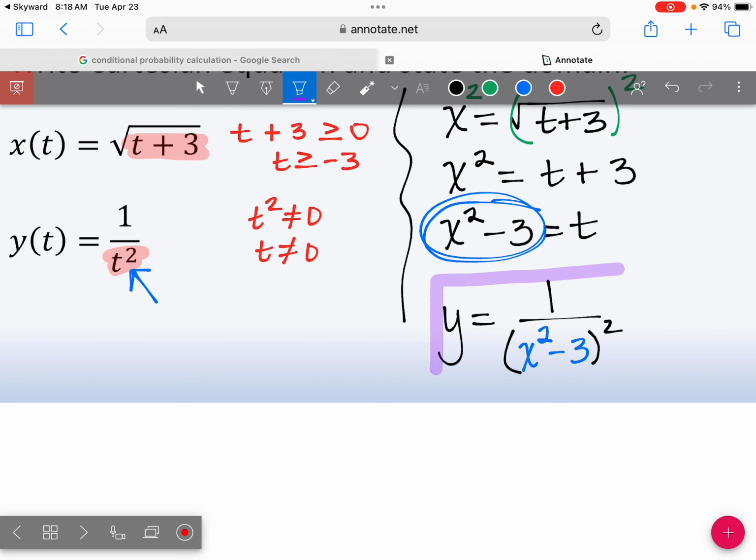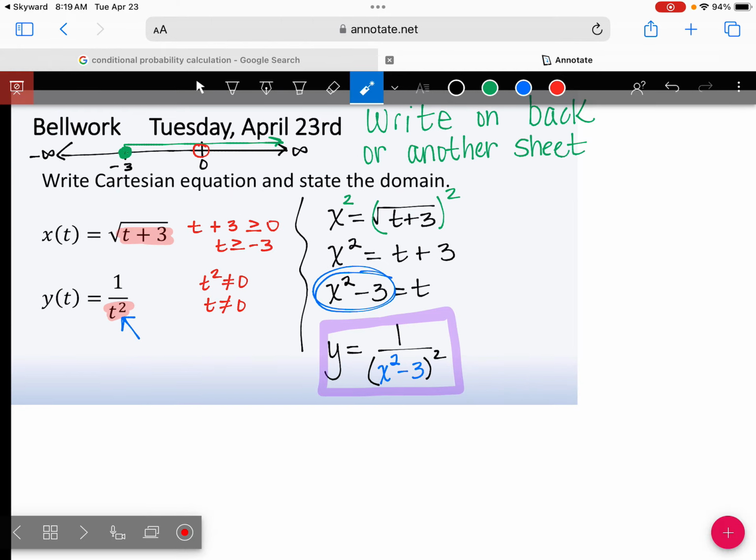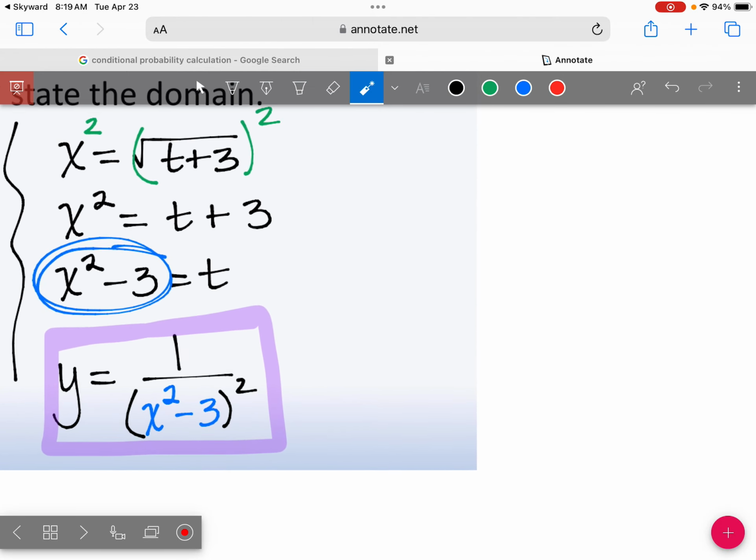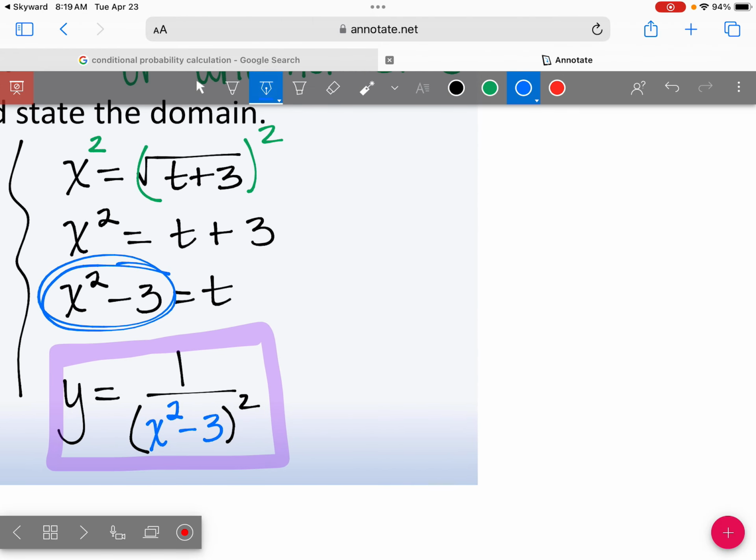So this is my equation, but that gives us a whole new red light that we need to consider. So this also cannot equal 0. So let's set that off to the side because we're going to need to add that to our number line. If x squared minus 3 cannot equal 0, I'm going to add the 3.